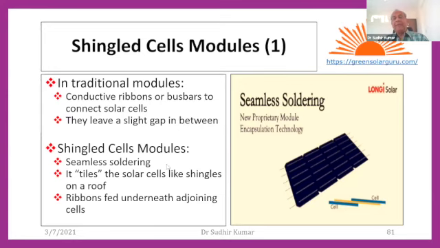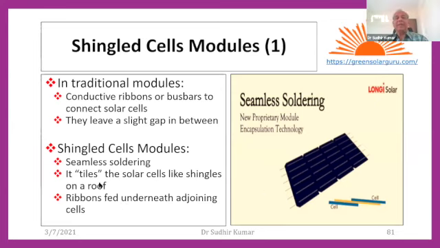Now, in this case, there is no strip. One cell is just attached to the other one, and there is a yellow conductive adhesive. You can see here, it's conducting adhesive. So one over the other, just like tiles. Then ribbons are fed underneath.